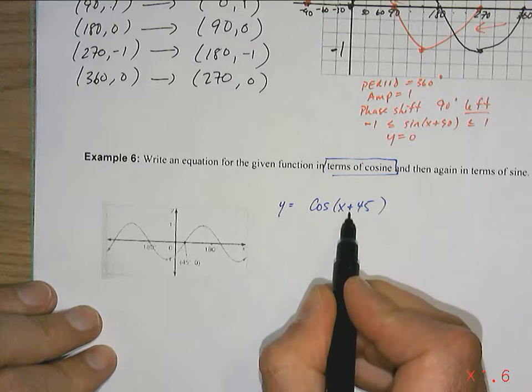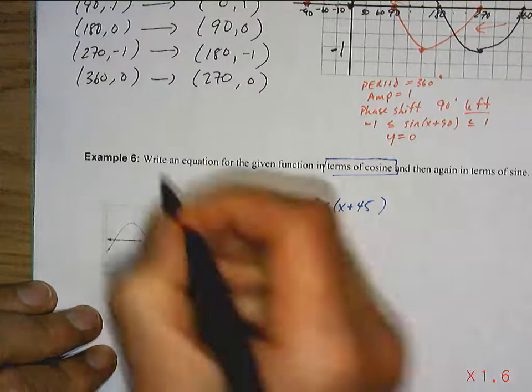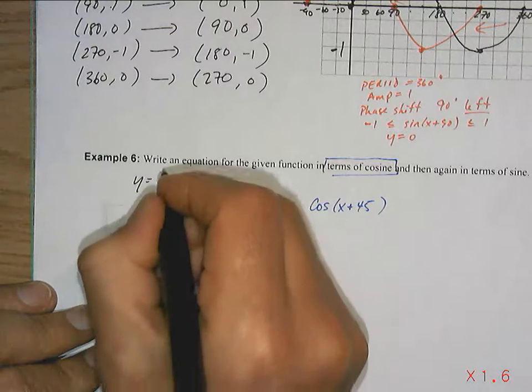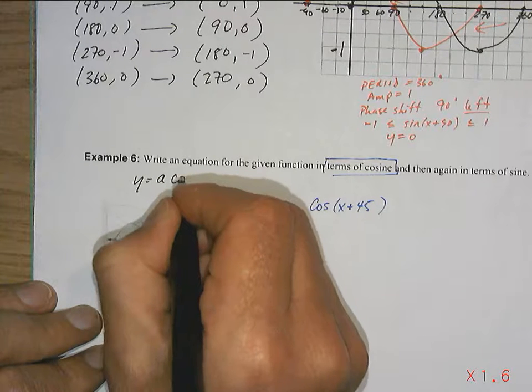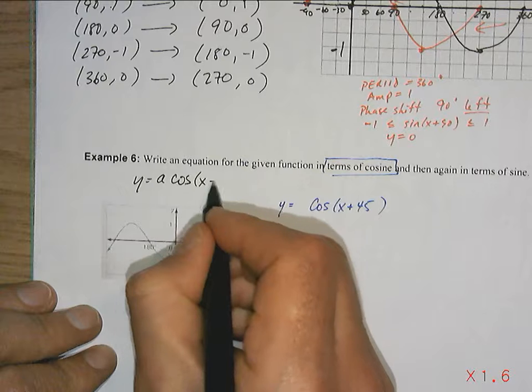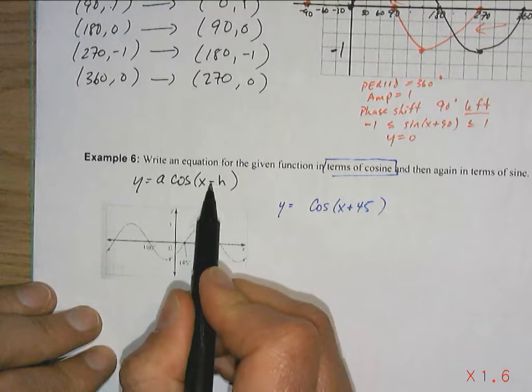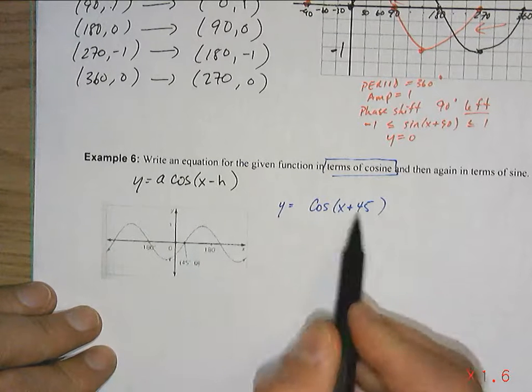Remember, it's got to be plus because it shifted to the left, so the h value would be negative. The h value looks like this. So if the h value is negative, it's going to be a negative and a negative, which gives me a positive.